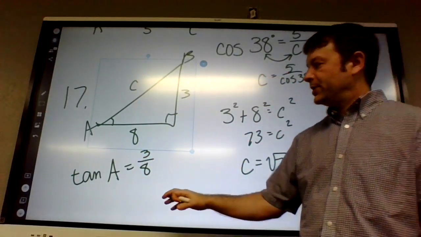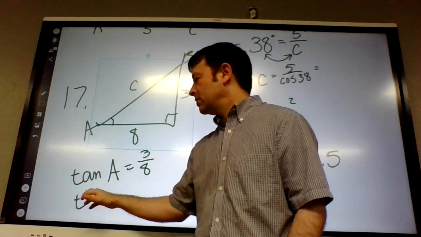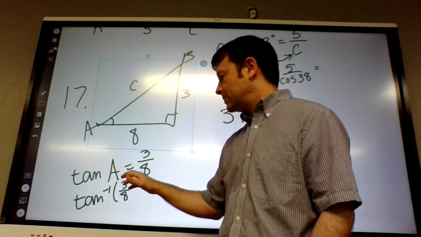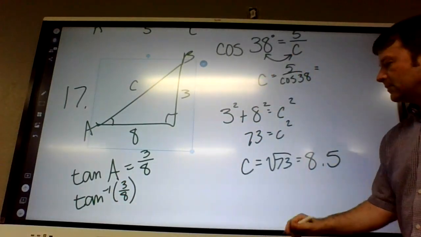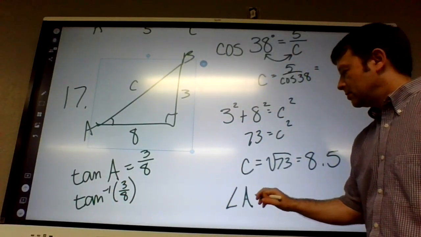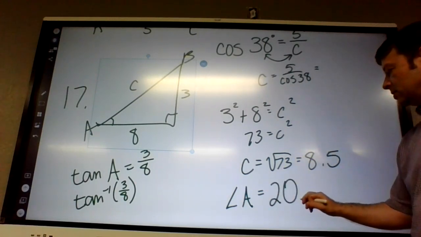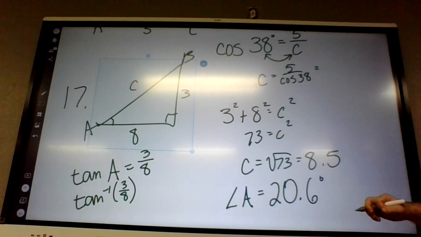So what do we need to plug in the calculator? Tangent inverse of 3/8. 20.6. And that is degrees, right? We're talking about an angle.